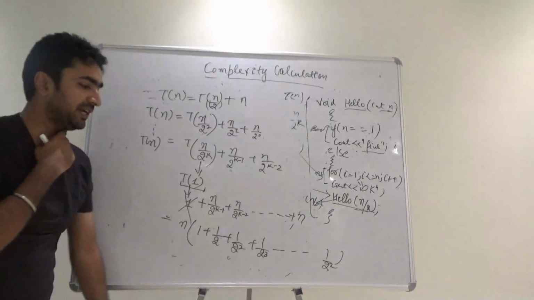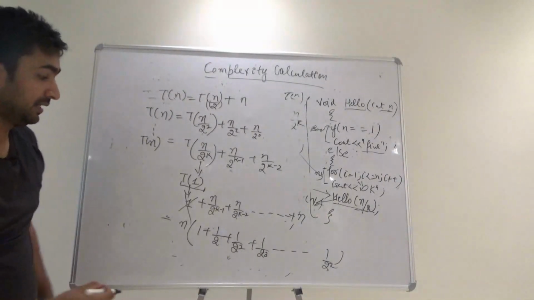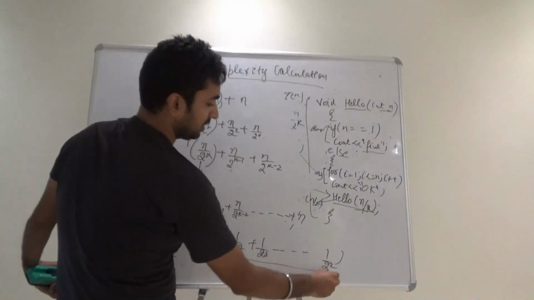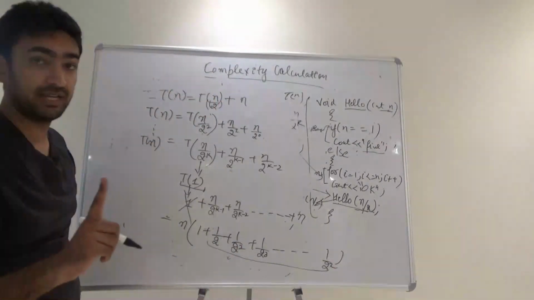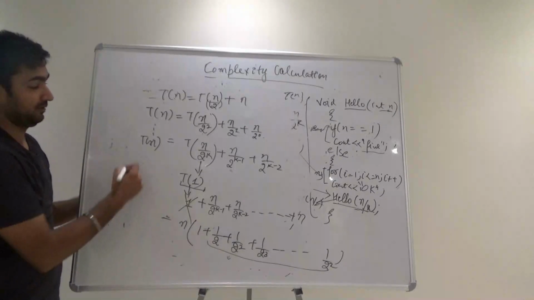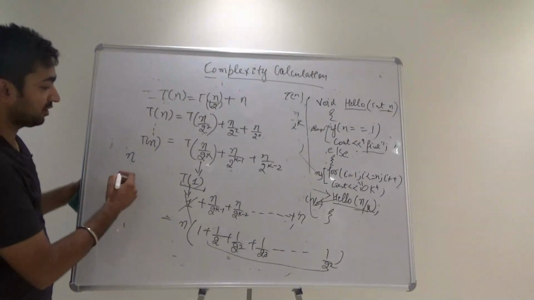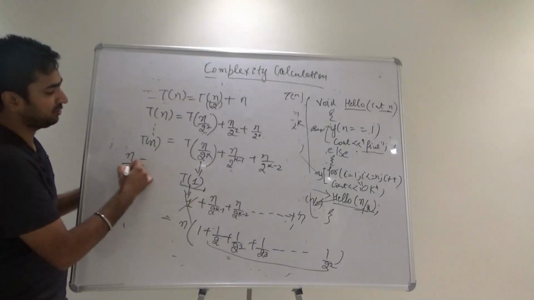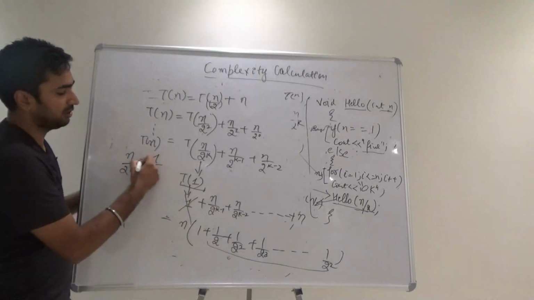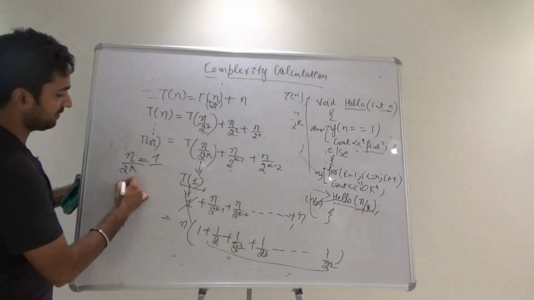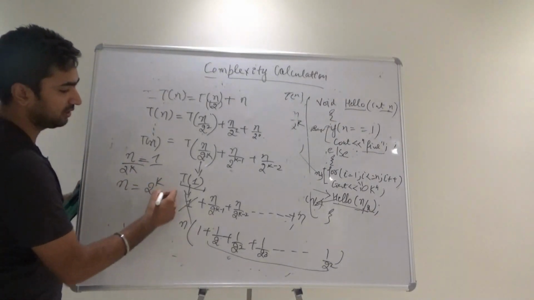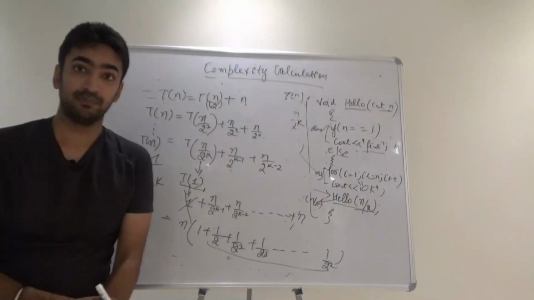So the important point is that the whole situation is running till 2 raised to power k times, and let me tell you that you have got your n value, and n by 2 raised to power k is equal to 1. Your n value is equal to 2 raised to power k.